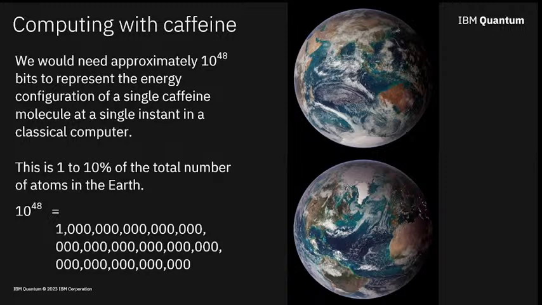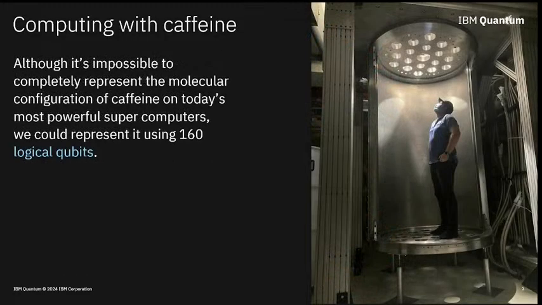That's equal to 1/10 the total number of atoms present on Earth. So we are never going to have a supercomputer that big to model a molecule like caffeine. But the caffeine molecule can be modeled with just 160 qubits on a quantum computer.